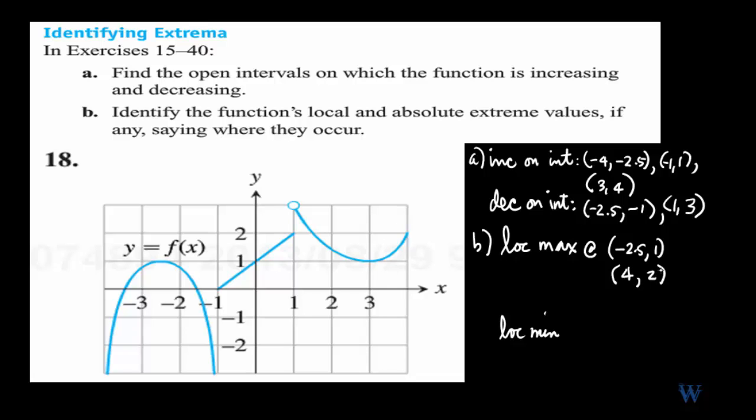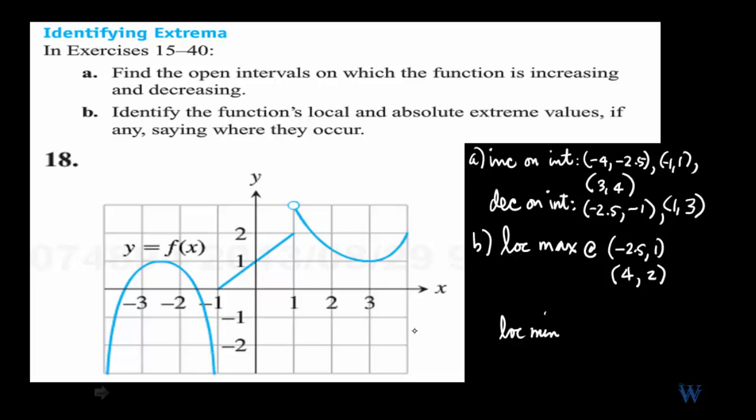Then local min. These are not local min because these are asymptotic about this line, so this will continue downward. And then again, that will continue unbounded going down. So it will go down indefinitely.